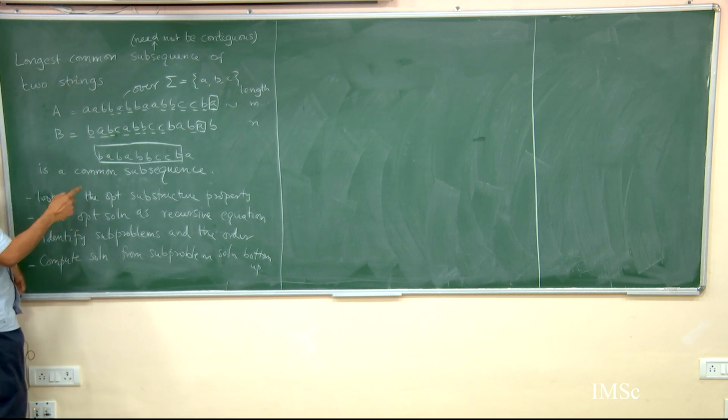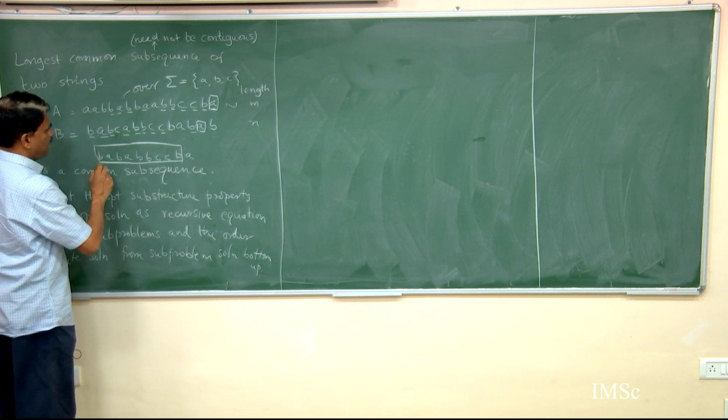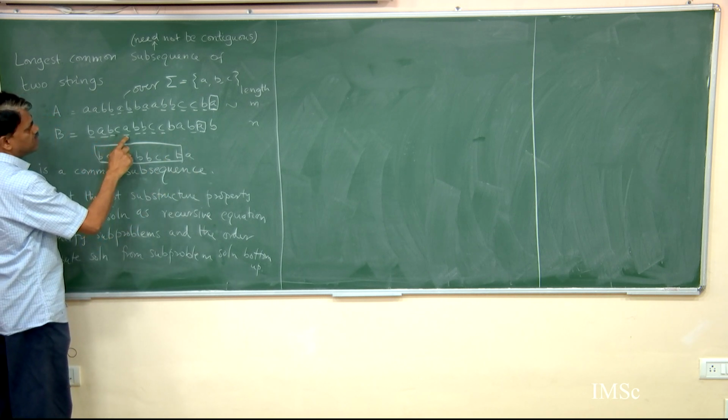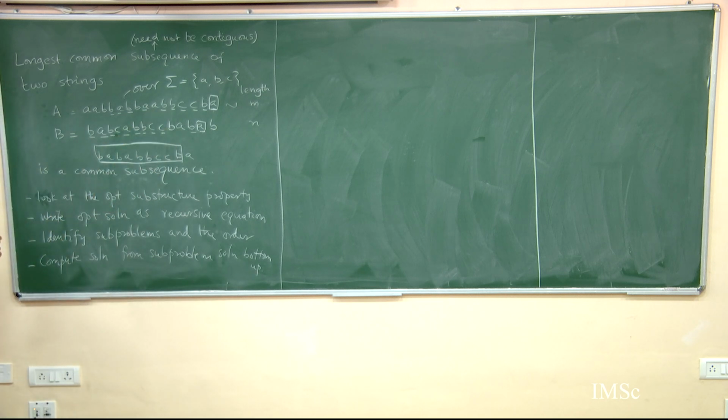So one such common sequence is what I've written down here, obtained by these underlined characters in both the strings. I don't know whether this is the longest, and we want to find, in general, given two strings A and B, the longest common subsequence using dynamic programming.